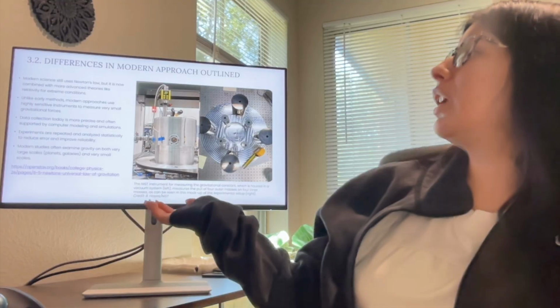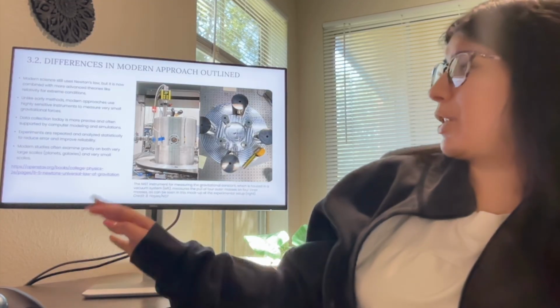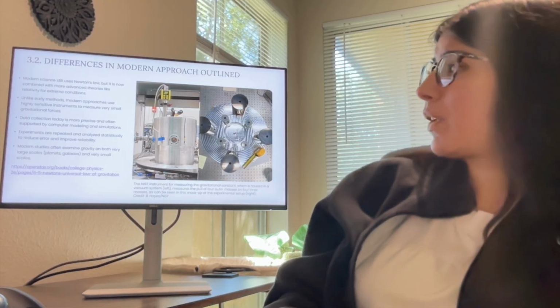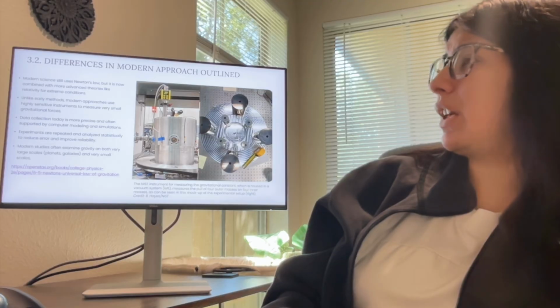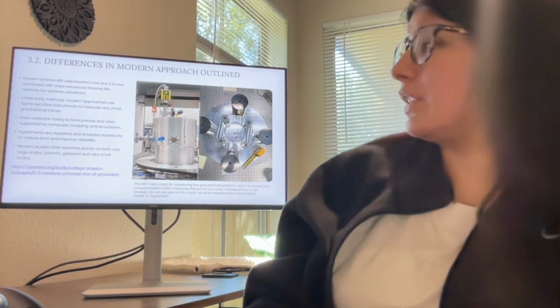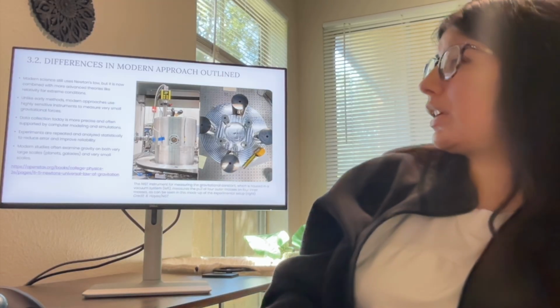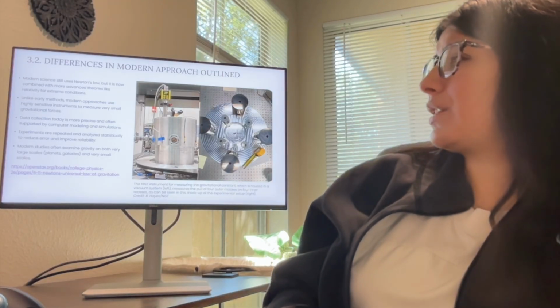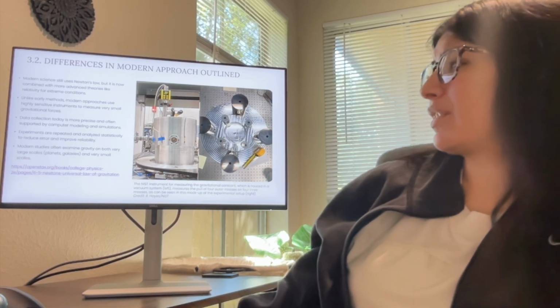Difference in the modern approach to the law: modern science still uses Newton's law, but it is now combined with more advanced theories like Einstein's theory of relativity for extreme conditions. Unlike early methods, modern approaches use highly sensitive instruments to measure very small gravitational forces.